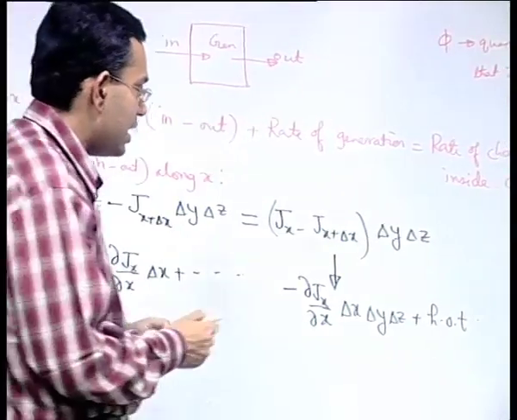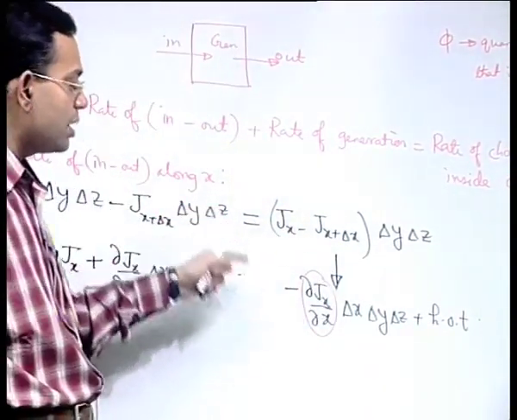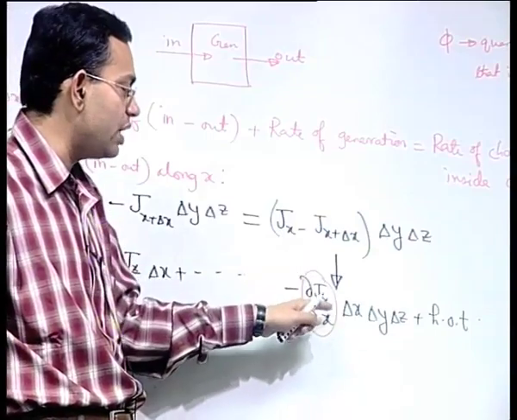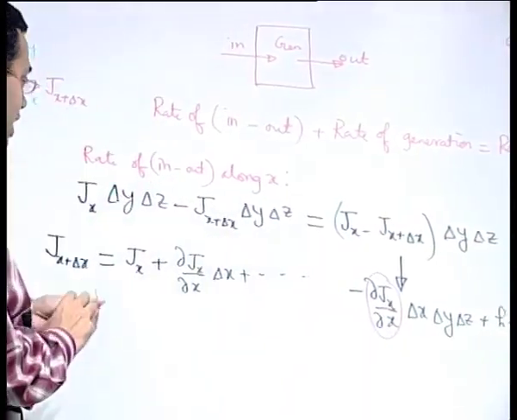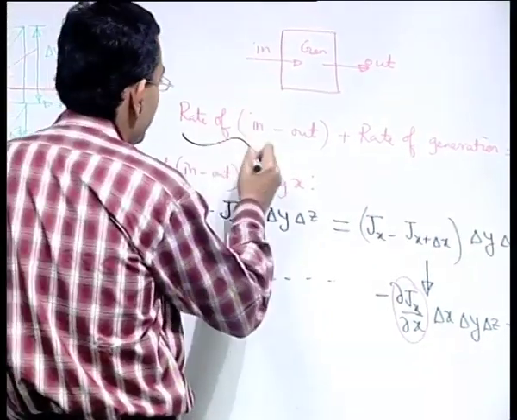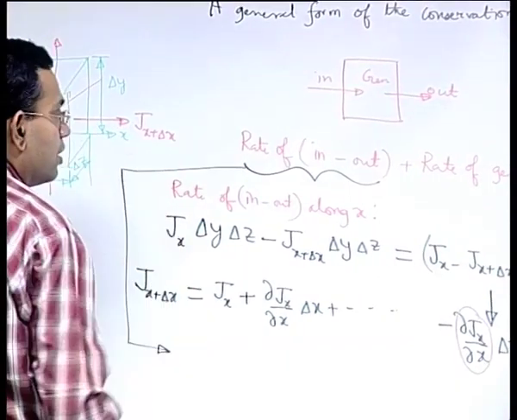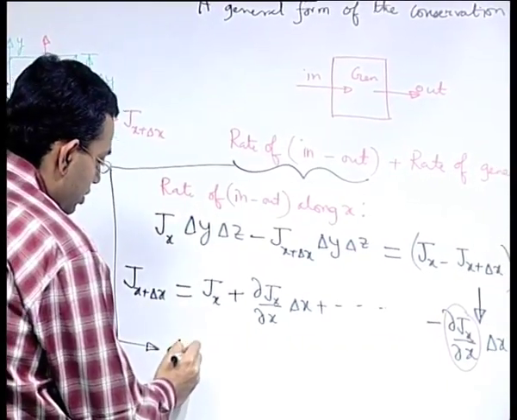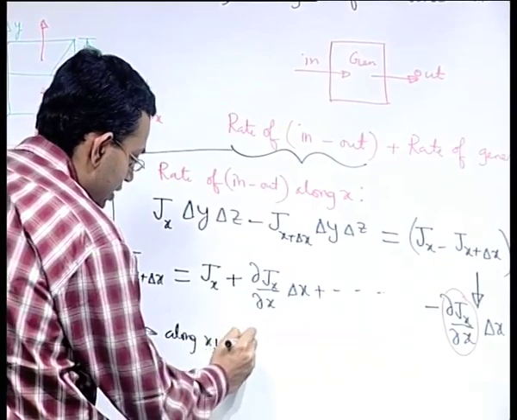You can see that the x specific term is this one. So you can have a similar term for y and z, only x will be replaced with y and z. So we can write the total rate of in minus out along x, y and z.